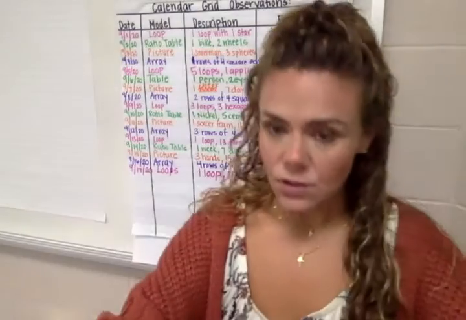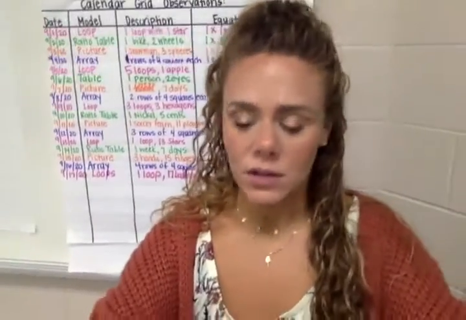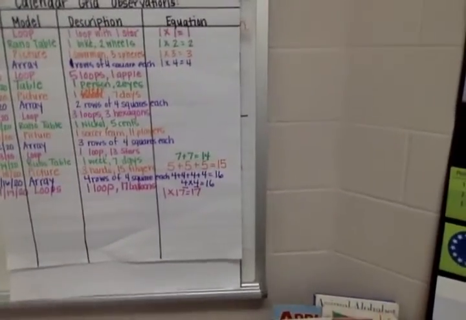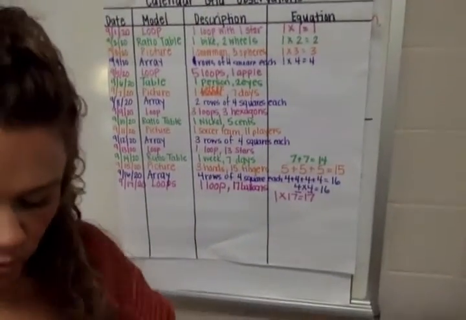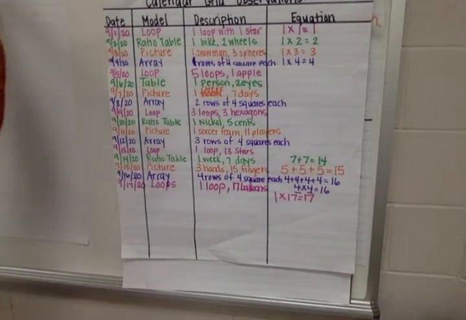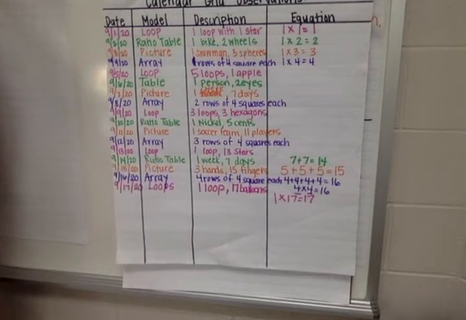The next thing I'd like you to do today for Number Corner is we are going to talk about some problem strings. Yesterday during small group time, you guys had some time to do a problem string with us. Today we're going to do another problem string.